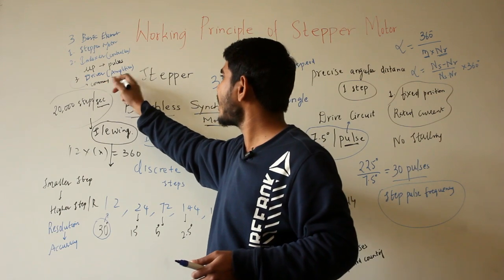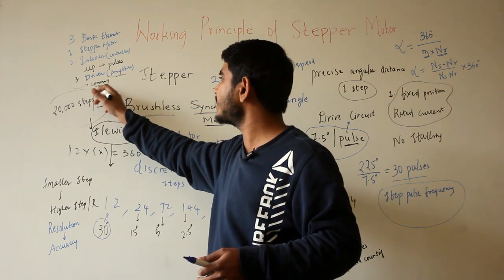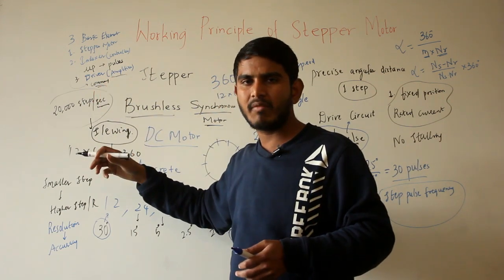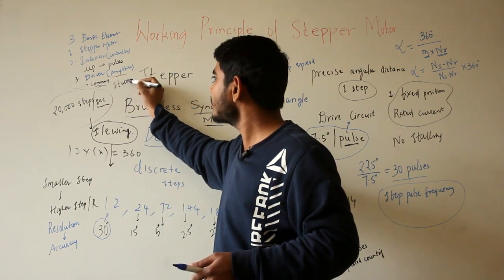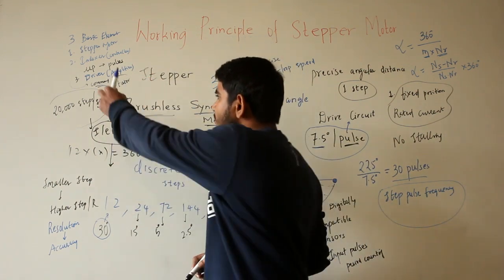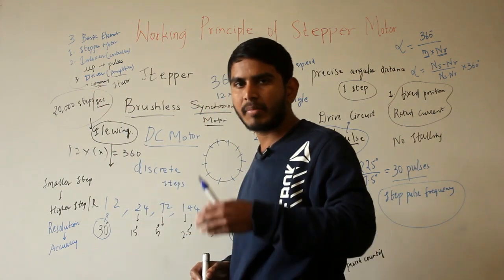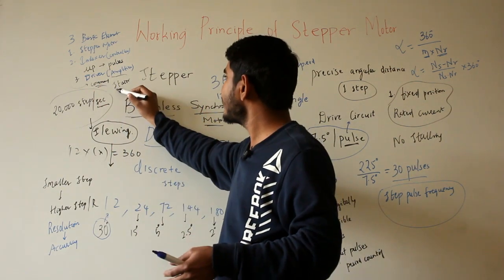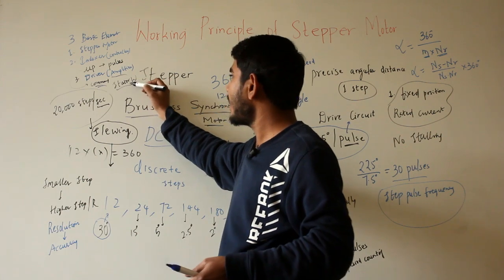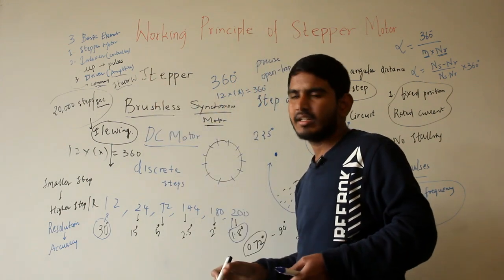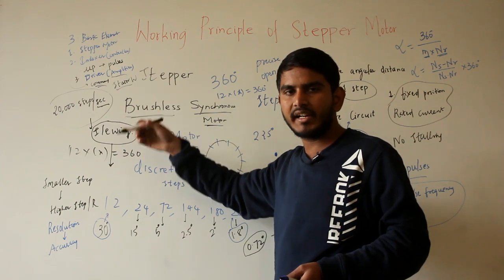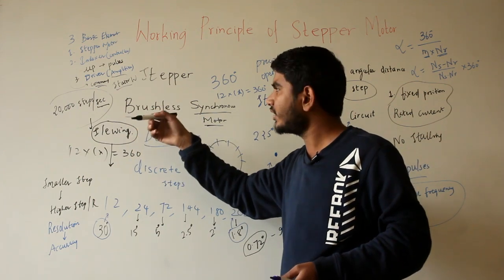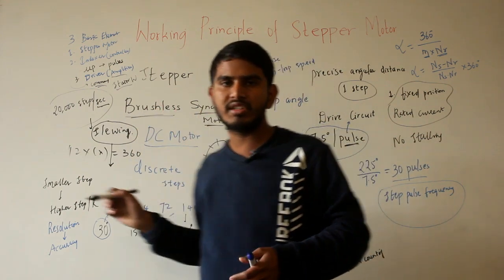Basically this amplifier amplifies these command signals so that you get enough power to energize the stator windings. The driver is available depending on the voltage rating, current rating and the construction technology. This is about the stepper motor system.